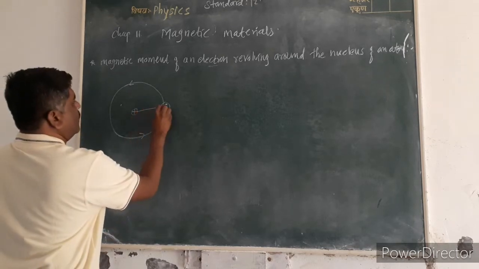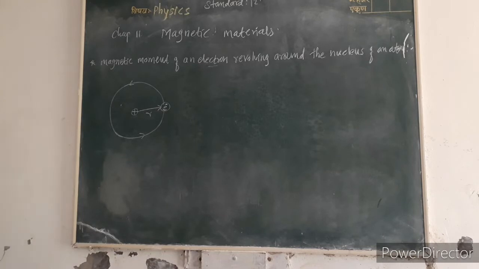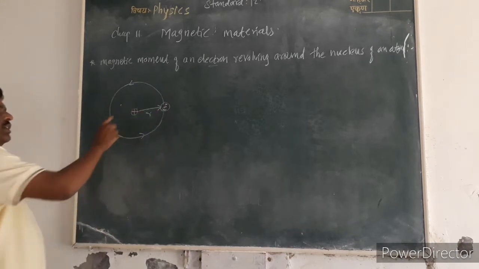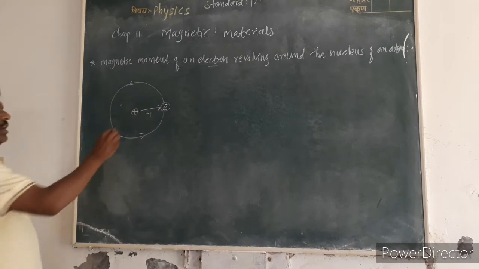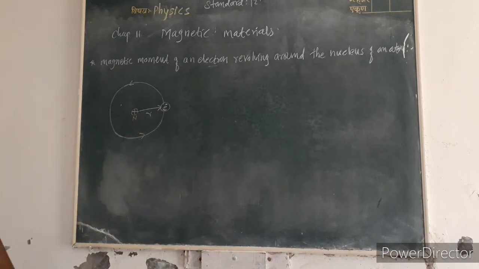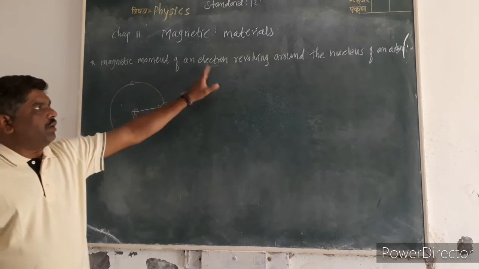Suppose r is the radius of that circular orbit, because the electron is revolving around the nucleus in a circular orbit. Then in such a case we find out the magnetic moment of the electron.